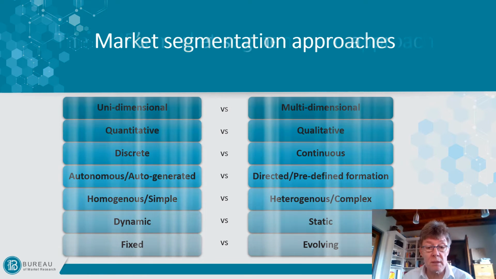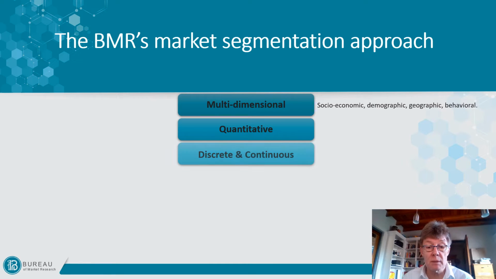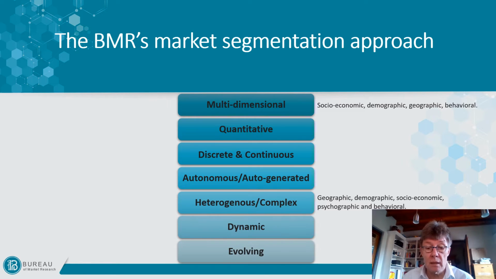For the purposes of the BMR segmentation approach, we've taken a multidimensional approach, and here we've got two axes. It's quantitative. It's both discrete, which means, for example, that we've got very detailed segment descriptors, but it can also be continuous in the sense that it can be placed on a spectrum.